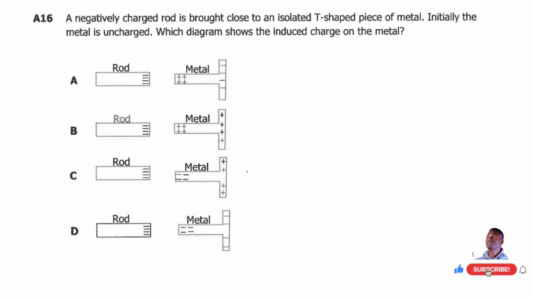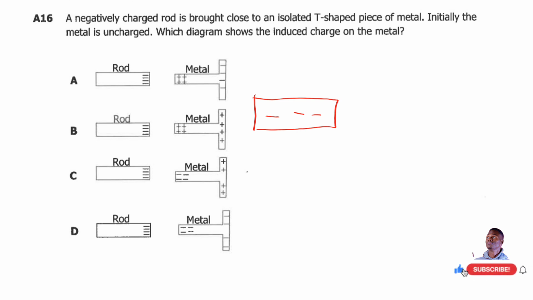It is very simple. Now let me explain this. If you have a rod here and it's negatively charged, let me just start first with charging by conduction. Conduction means that the two metals have to be in contact.